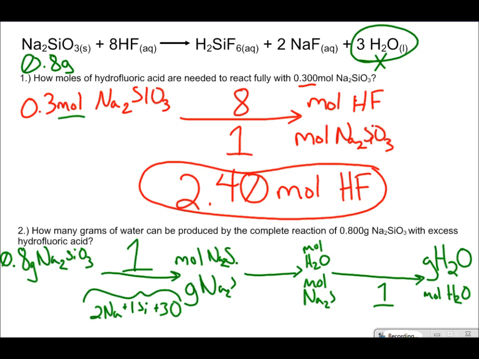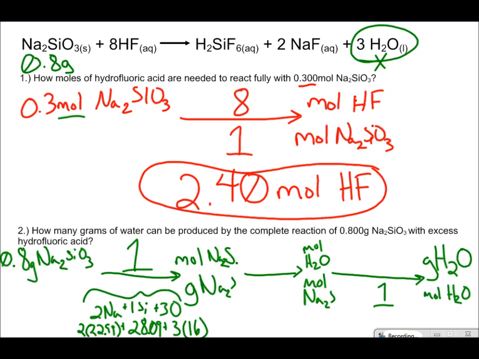So if I look on my periodic table, I find that sodium, I believe it's 23, but let's do it right off the periodic table, 22.99. I find that silicon is 28.09, and oxygen is 16.